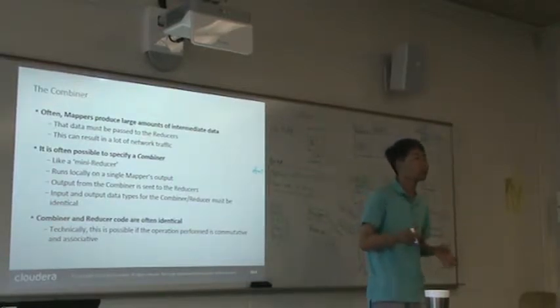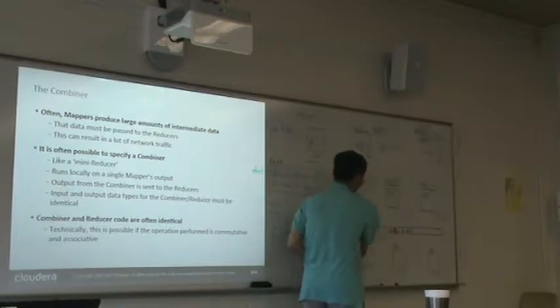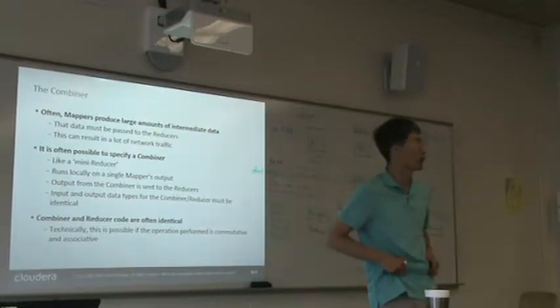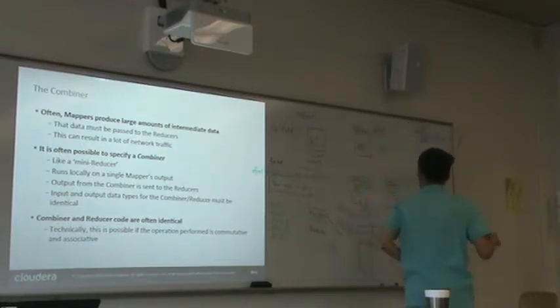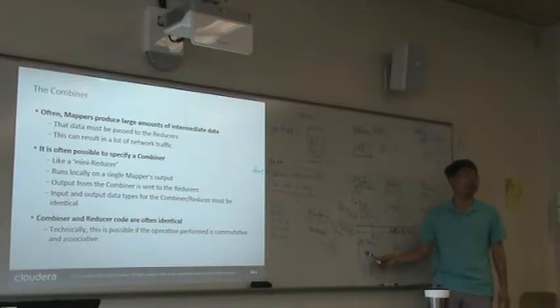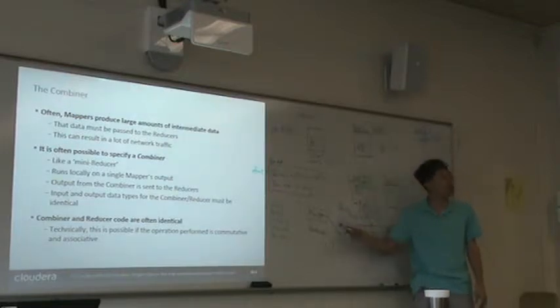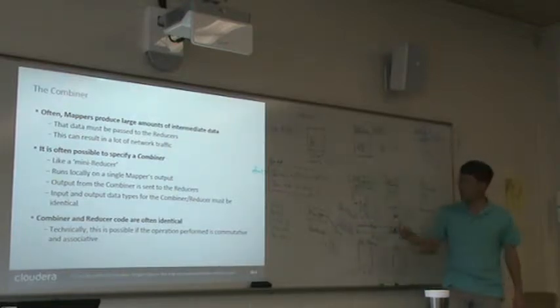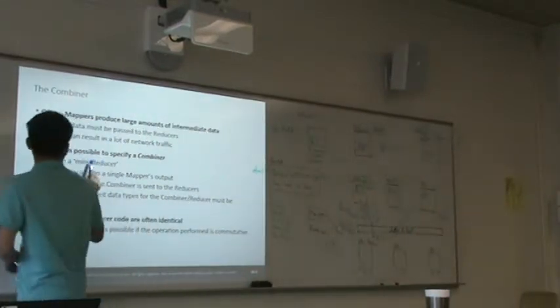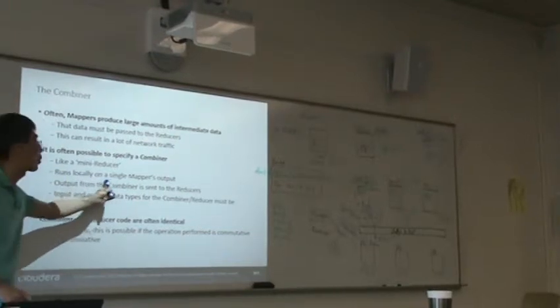So why don't we reduce the load? Sometimes the combiner is called a mini reducer. Most of the time, the combiner class is the same as the reducer. You don't have to code it again. Just run it, but locally. It's running locally, so it's called a mini reducer.